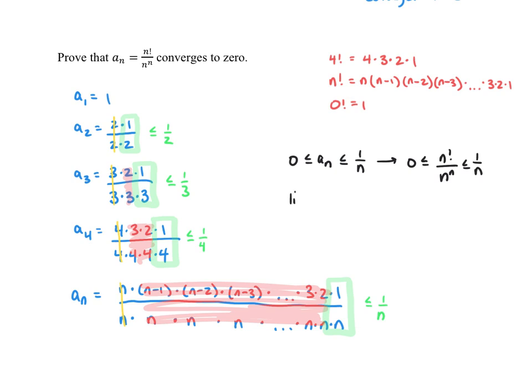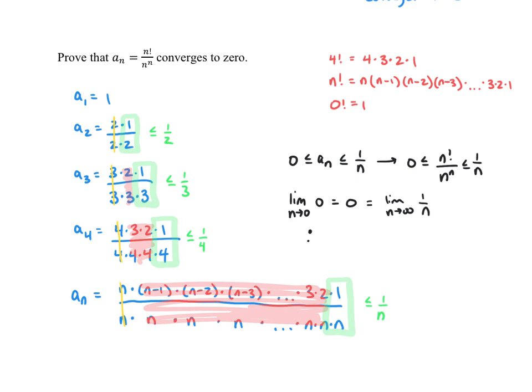Now, if we were to take the limit as n goes to infinity of 0, that's equal to 0, as well as the limit as n goes to infinity of 1 over n, which is also 0. So both ends of this compound inequality I've set up have a limit of 0.